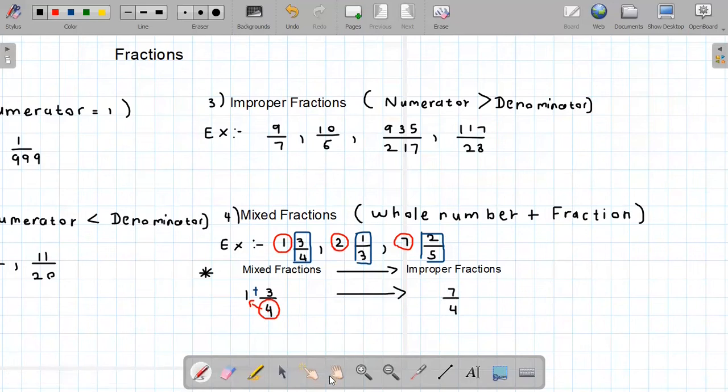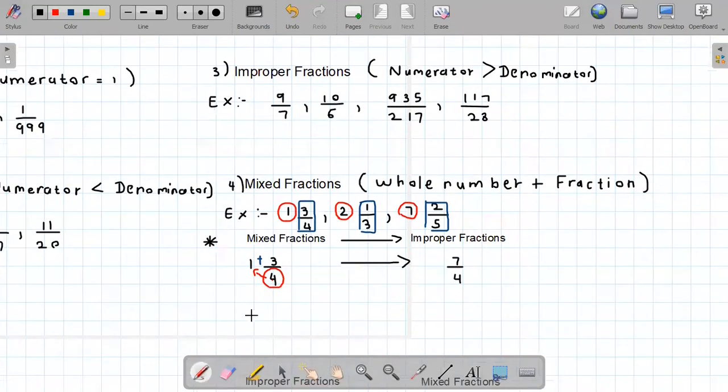Then the next example, 2 and 1 over 3. For this mixed fraction, now we are going to find the improper fraction. So what is the first thing we are going to do? We have to multiply 3 by 2.